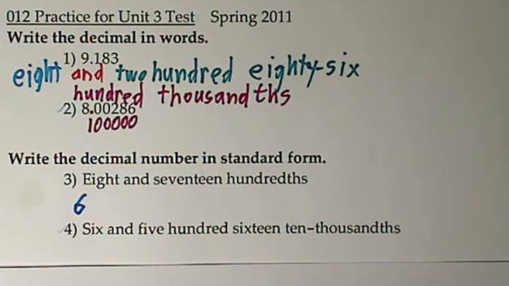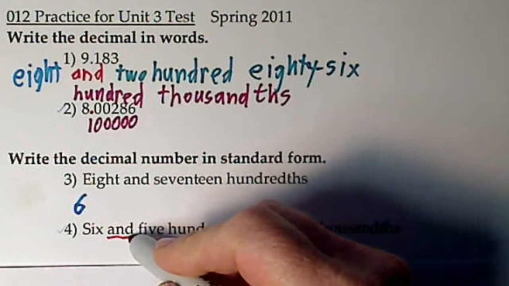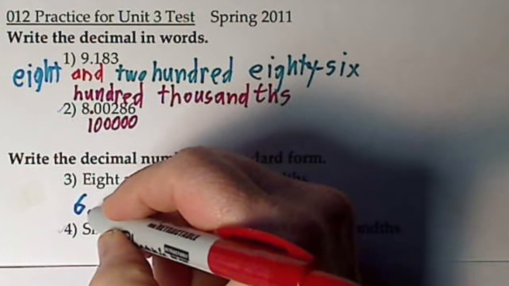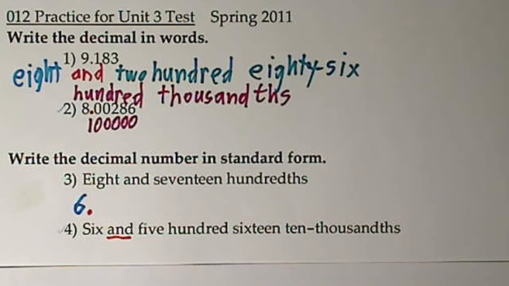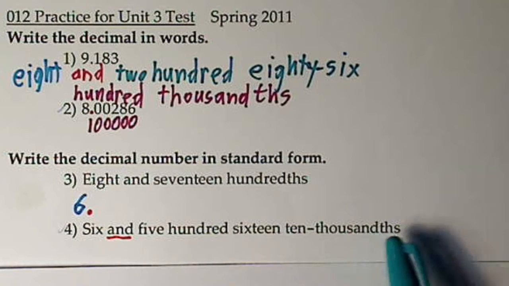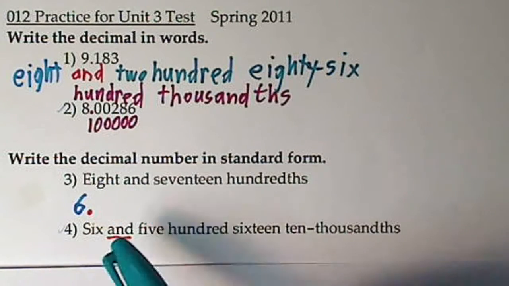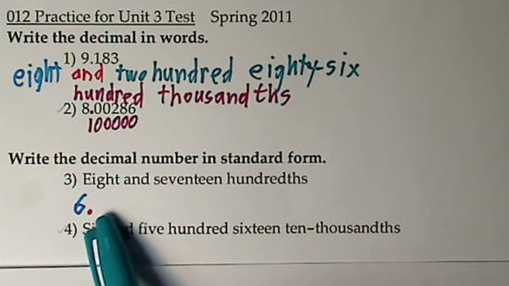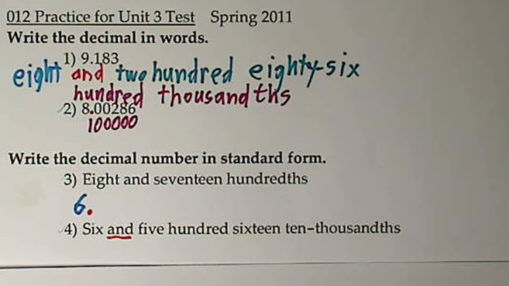Hopefully you recall that and, that refers to the decimal. 516 10,000ths. If I write 516 right behind this decimal, I might not end up in the right place value. So I'm going to take a closer look at my 10,000ths.